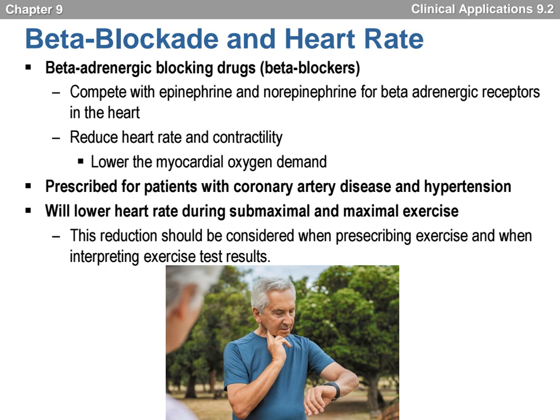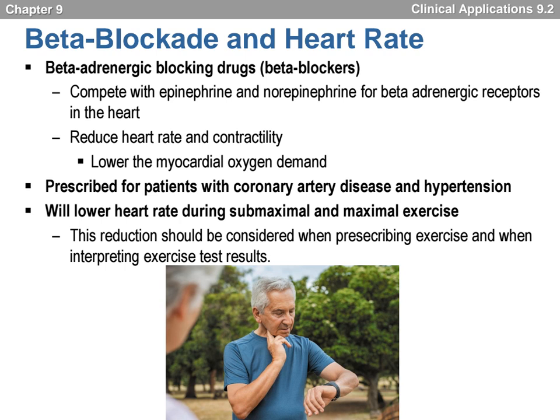And so one thing to keep in mind is that if you're, say, prescribing exercise, or you're interpreting the results of an exercise test on a person who's actually taking beta blockers, you should take this into account. So for example, if you look at the maximal heart rate and you figure in the age and so forth, there are charts that tell you what the maximal heart rate should be.